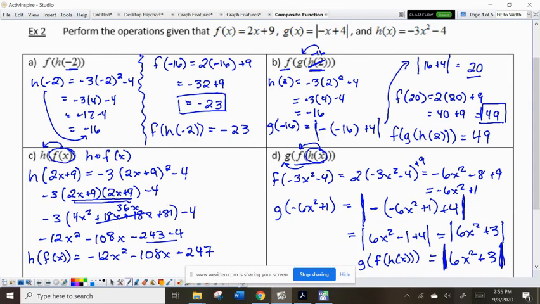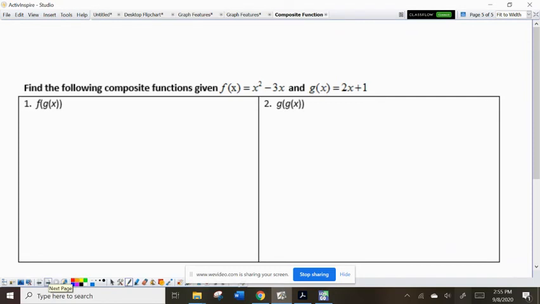So as you finish your notes, you're going to see these next two problems. I'm going to set them up, and then I want to make sure that you can simplify them. So in number 1, g goes into f. So we'll be plugging 2x plus 1 into the f function.